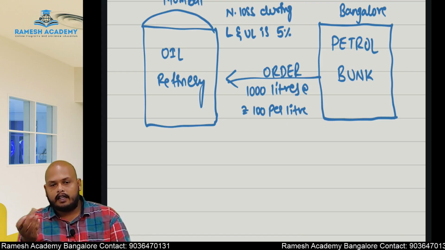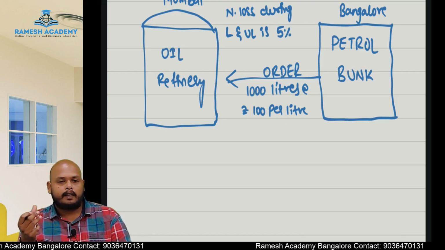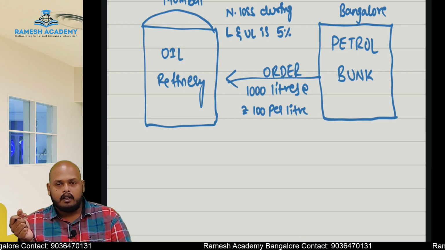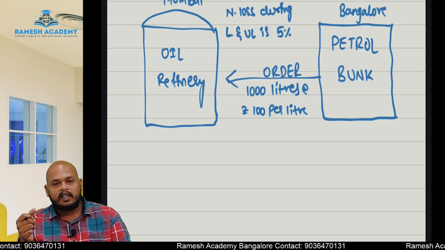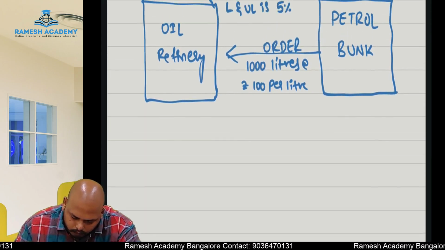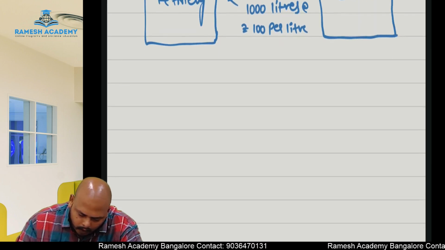Otherwise if you take 1 liter of petrol and expose it to sunlight, after half an hour the total petrol will get evaporated. So the normal loss during loading and unloading is how much percentage? 5% here.